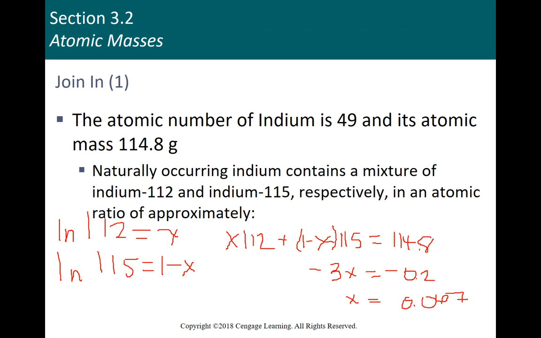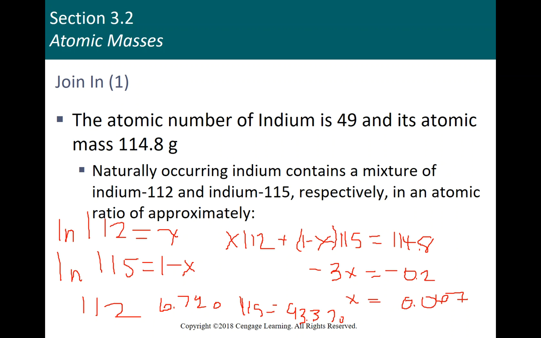And so if you're looking at percentages, 112 is about 6.7%, and 115 is about 93.3%. Okay, I hope you can read that. It's hard to read, so that's a 115.